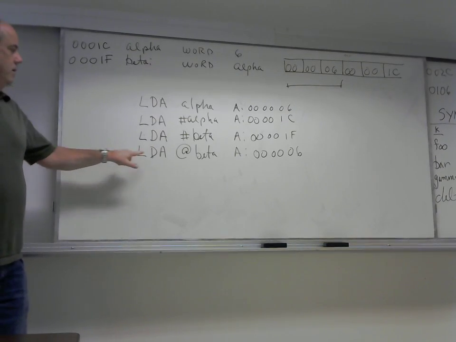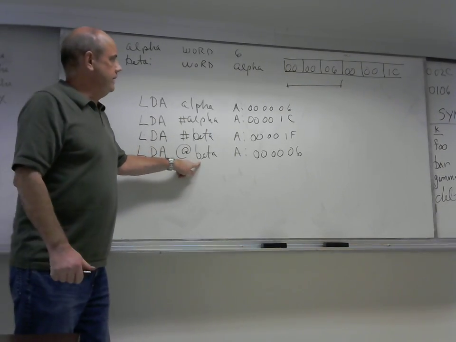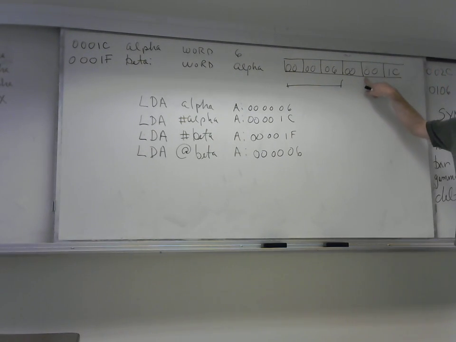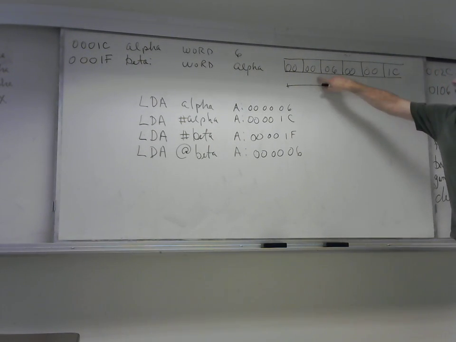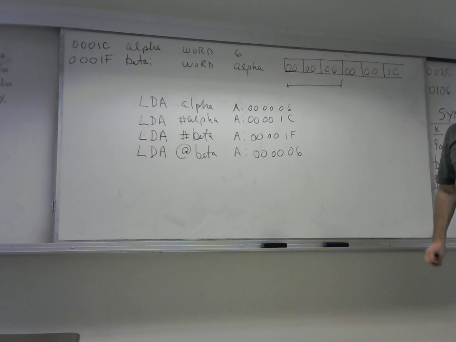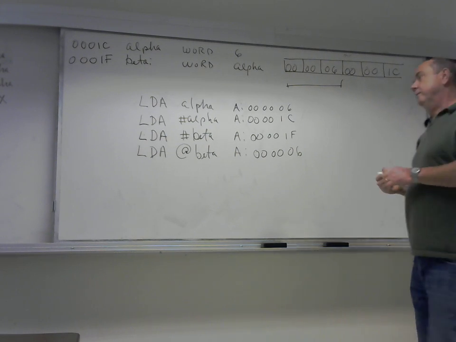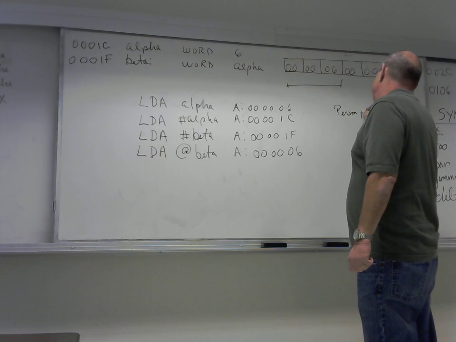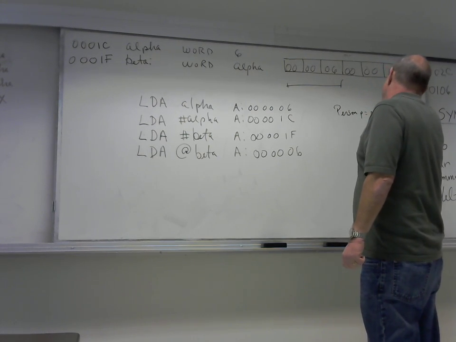LDA @beta: go to beta, read the address in beta, and go there. There's the 6. Do you see this? So this is a whole lot like the indirection we have seen with Java. Person p = new Person.